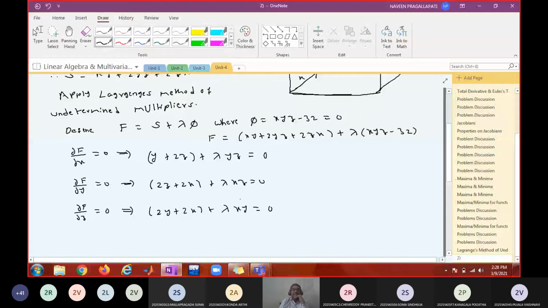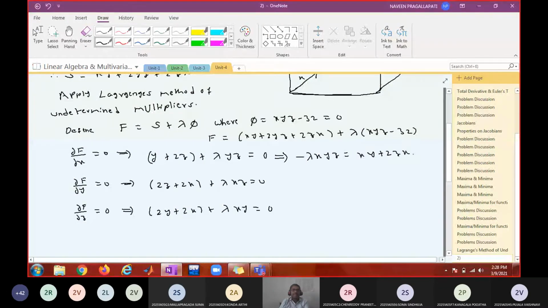Tell me how to find out x, y, z from this. If I multiply both sides with x, what do I get? The expression for lambda xyz: minus lambda xyz equal to xy plus 2zx.